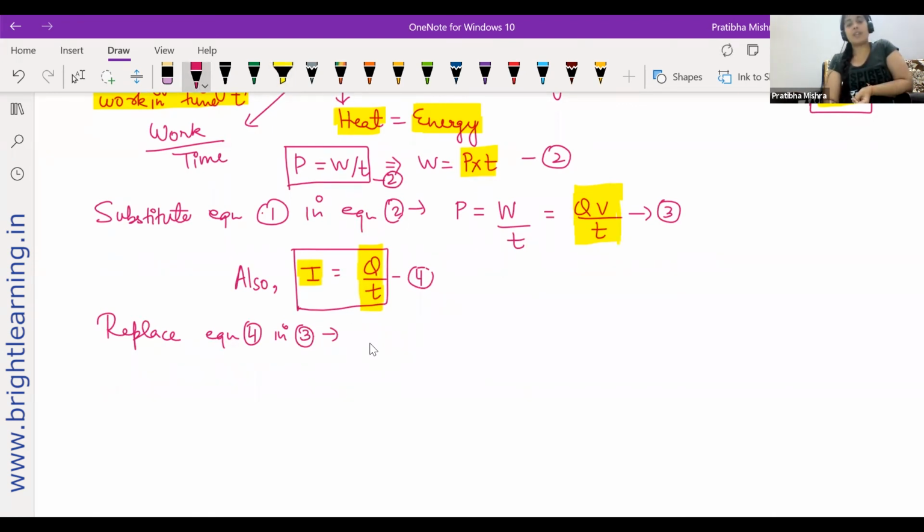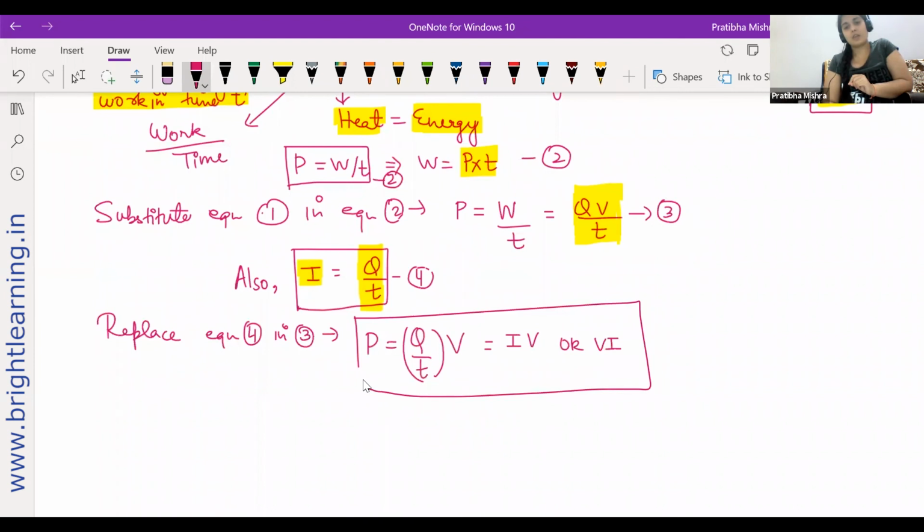Then P will remain P, and instead of Q by T you can write Q by T separately multiplied by V. What is Q by T? It is I. So you will get I into V or V into I, right? Power is voltage into current.